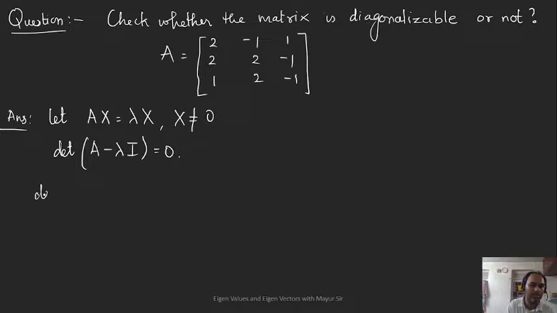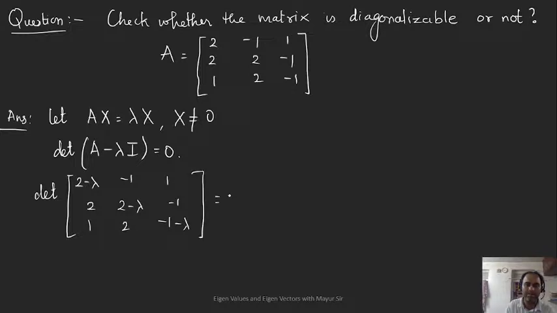So the determinant of the matrix where we subtract lambda from the diagonal entries, so 2 minus lambda, minus 1 minus lambda, and so on. Okay, that's what we get.